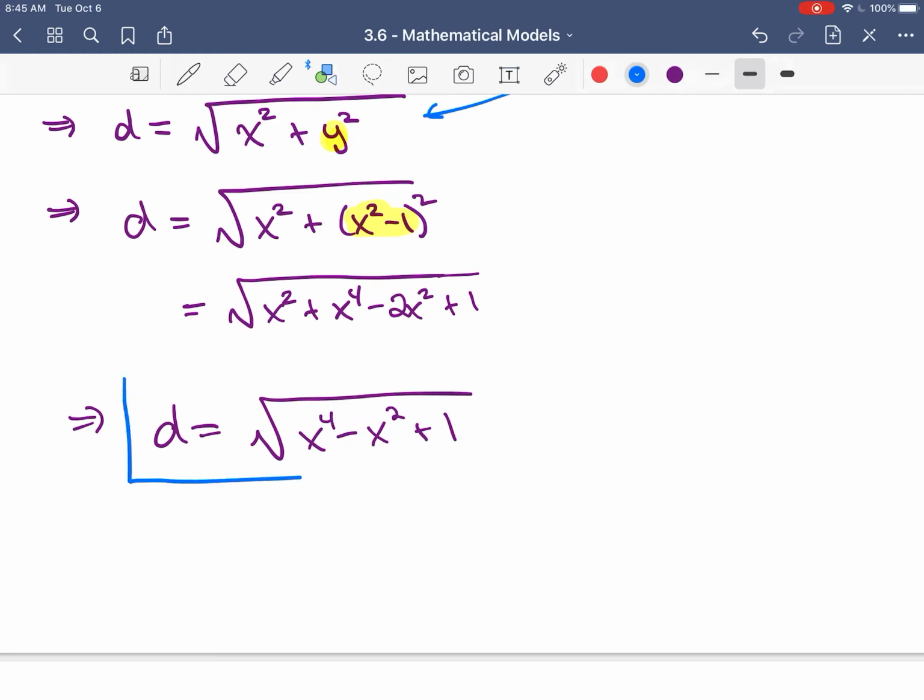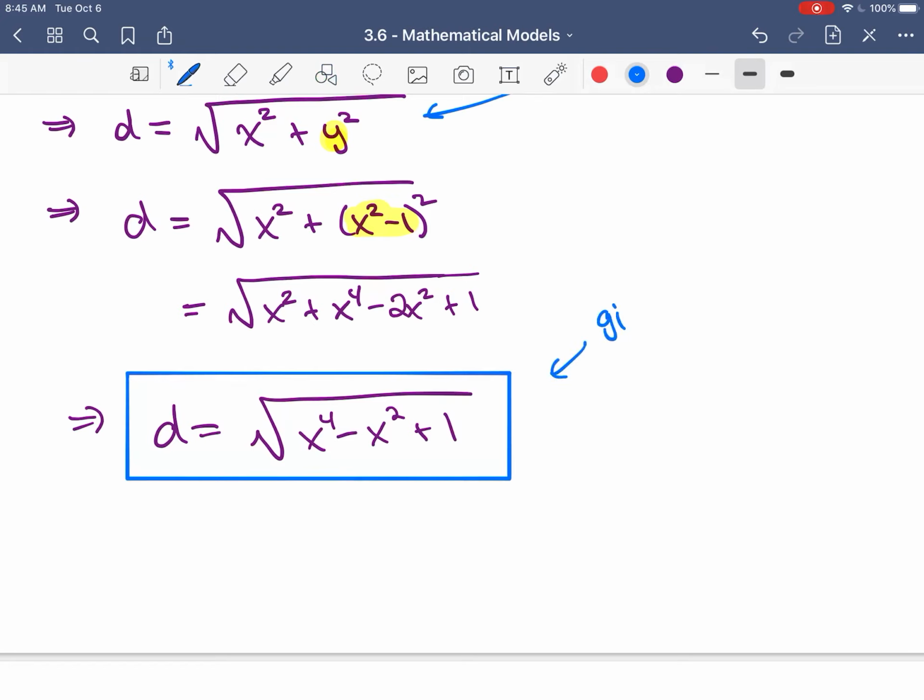And that is in terms of only x. So this gives the distance in terms of only x, which is what we were looking for here.